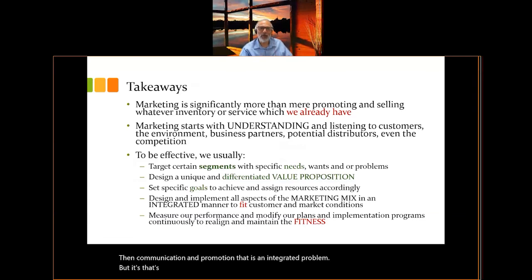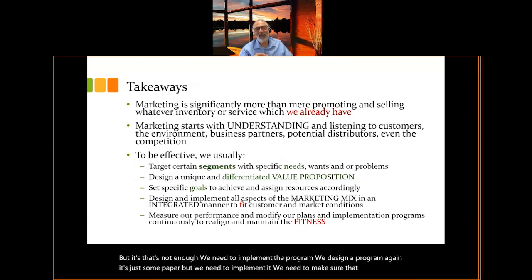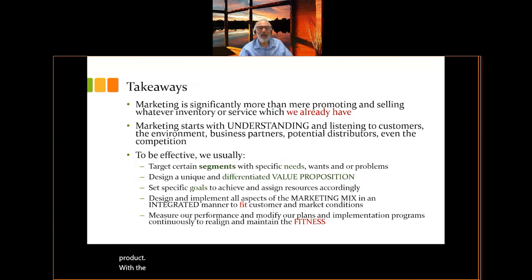We design a program, but again, it's just some paper, and we need to implement it. We need to make sure that we create the product with the right quality as promised, that we exist in the store, that we are able to deliver at this price, and that we communicate to customers so that they know about our offerings, where to buy it from, and all the features that it offers, right?